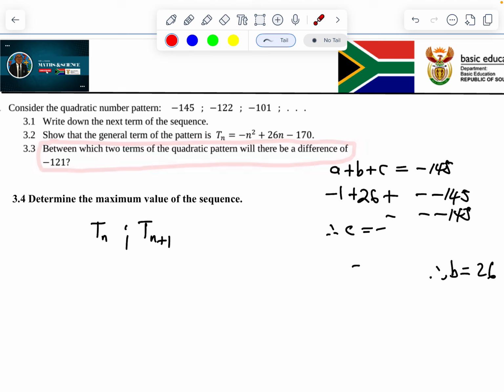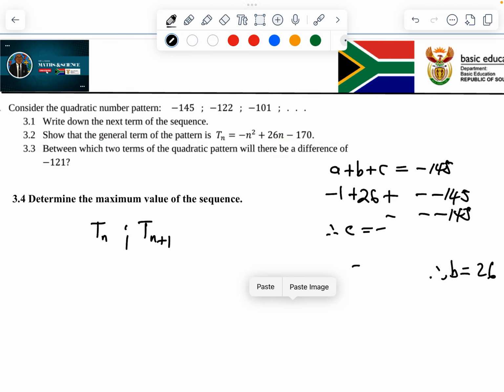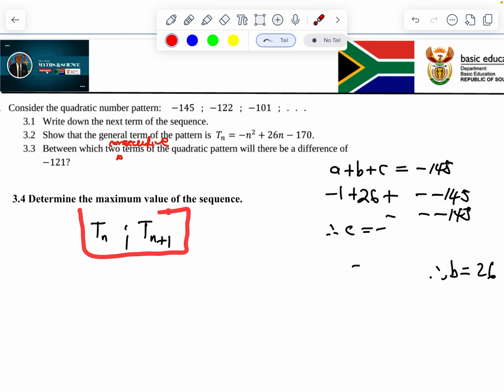You need to say between which two consecutive terms of the quadratic pattern will there be a difference of minus 121. So consecutive terms can be written like this mathematically. Now they want to know between which two terms, when I subtract those two terms, I get an answer of negative 121.